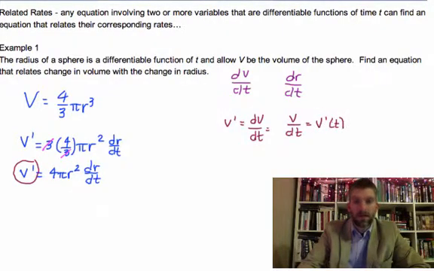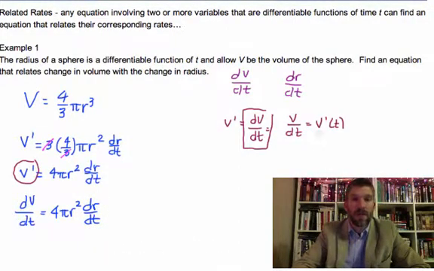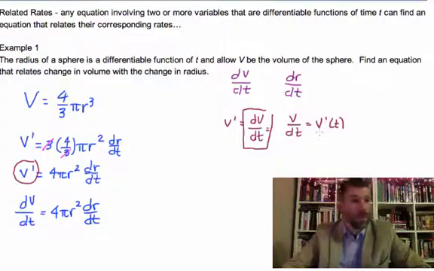All these different things are the same, and the one we want compares volume and time. So we finish our problem off by saying dV/dt is equal to 4 pi r squared dr/dt, and that is the end of our problem in this particular case. That's all we needed to do: find an equation that relates change in volume with change in radius.